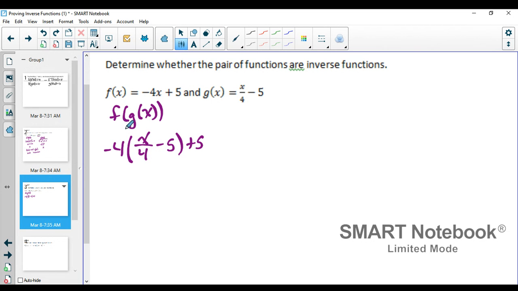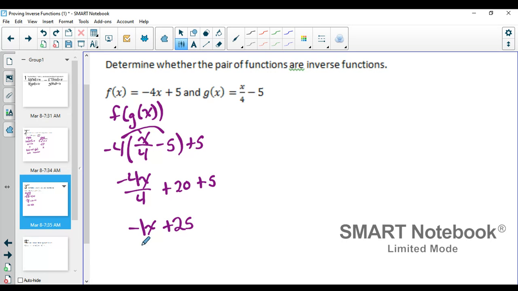So we're going to distribute the negative 4. So we have negative 4x over 4 plus 20, plus 5. So this will simplify. Negative 4 over 4 is negative 1, so we have negative 1x, and then 20 plus 5 is 25. So we have plus 25.